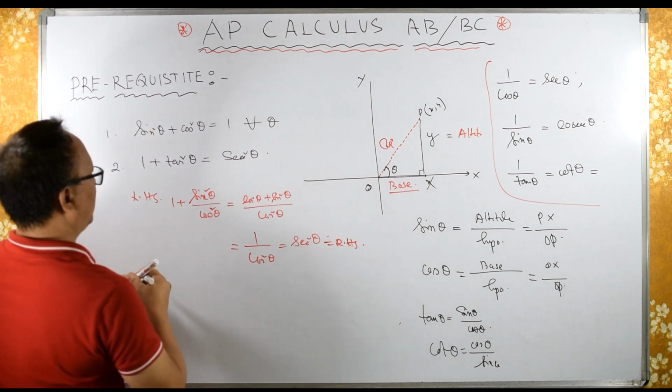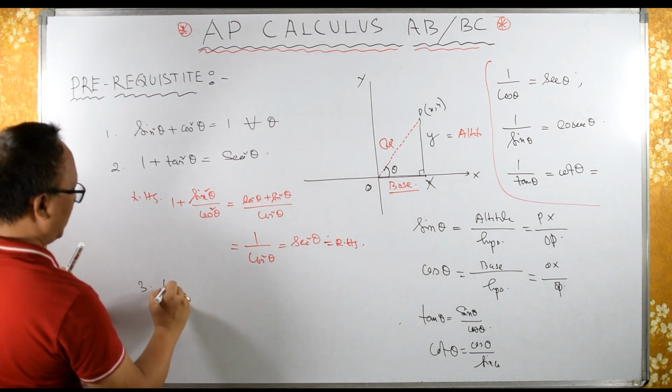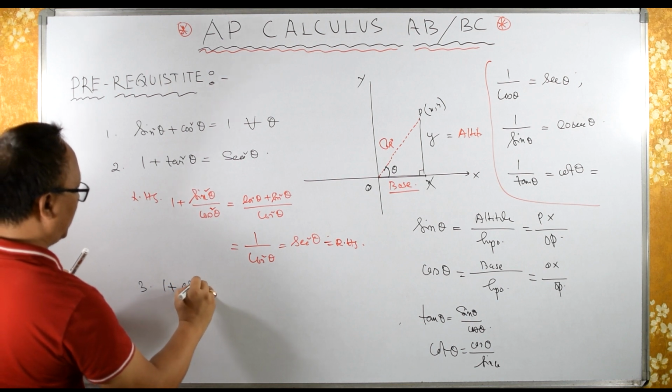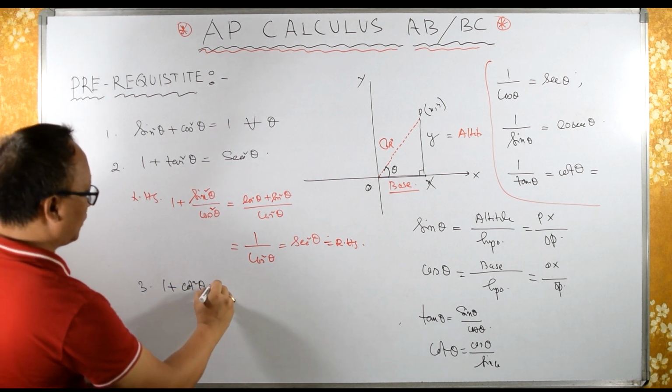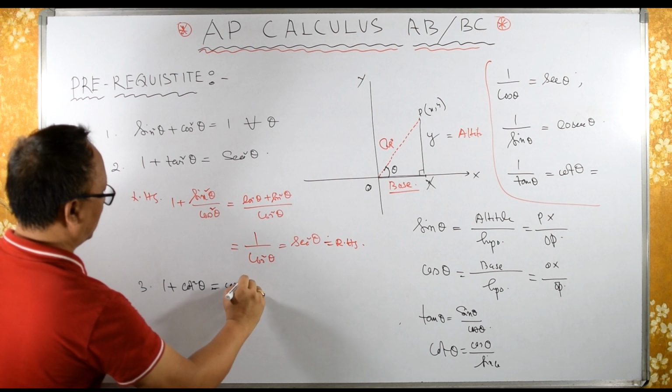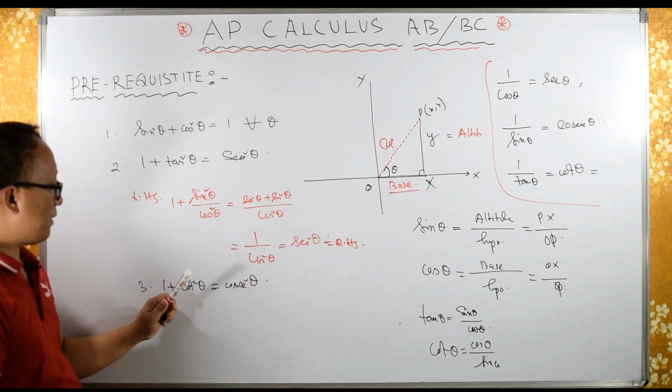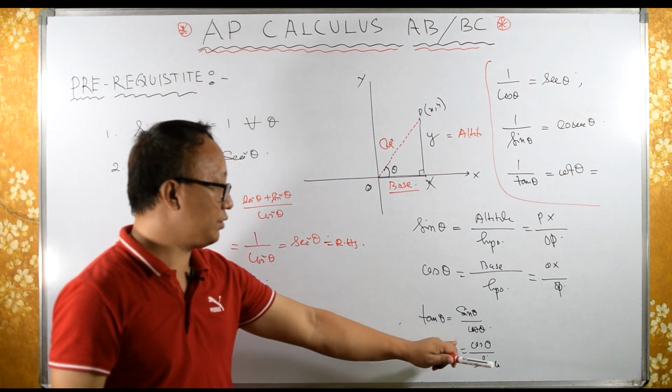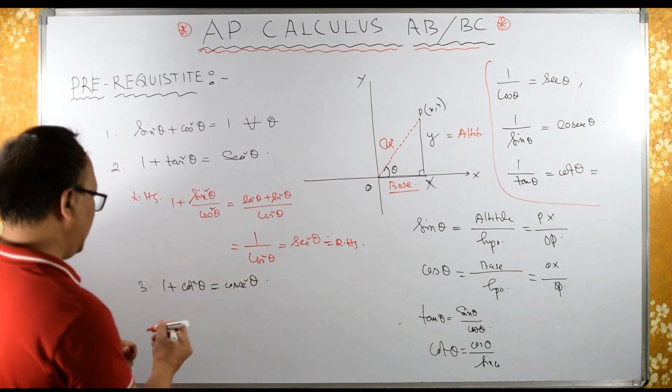Okay, so number 3, you have to remember: 1 plus cot^2 theta is the same as cosec^2 theta. You can prove this also. 1 plus cot^2 theta is what? Cot^2 is the same as cos^2 by sin^2.